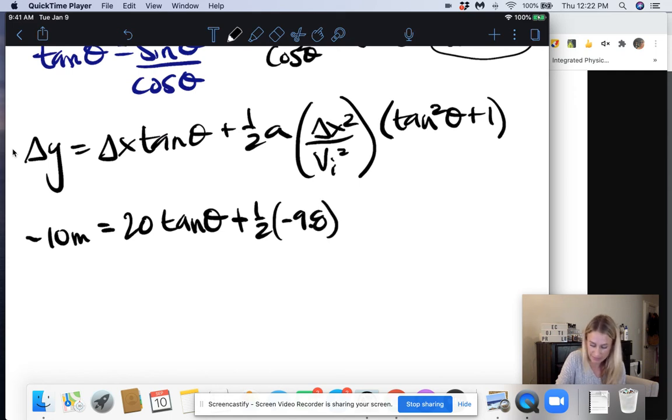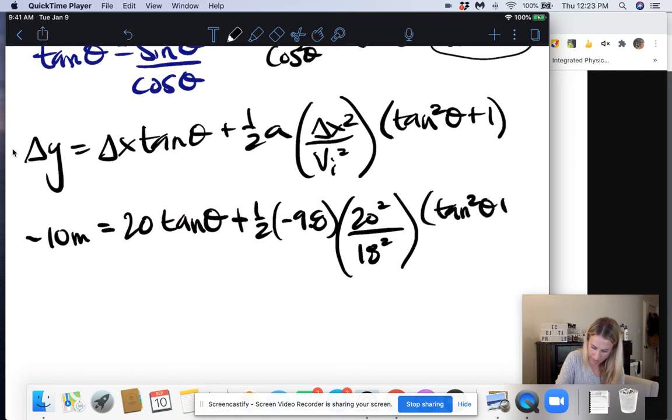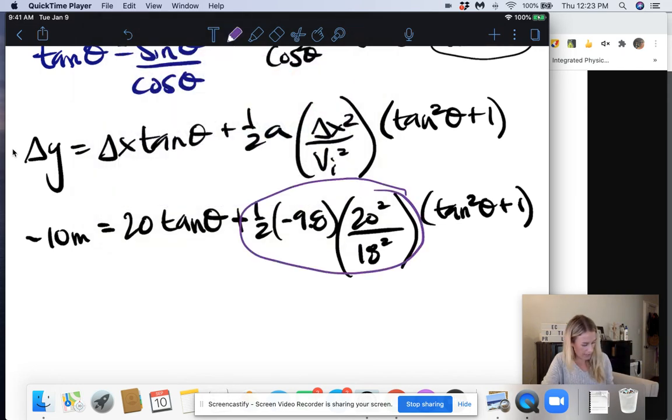That's why I said subtracting. And then delta x is 20, so 20 squared over initial velocity, which was 18 squared, and then times tangent squared theta plus 1. So I'm going to solve all of this stuff first. So we get 20 squared divided by 18 squared, which is 1.234.